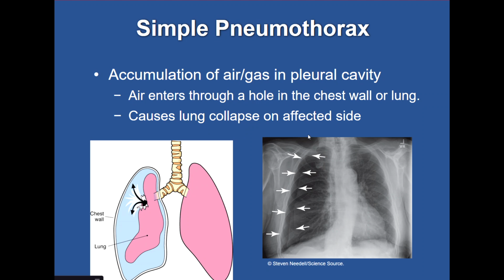But basically what it is with a simple pneumo is you have a breach in the lung, so in the covering that goes around the lung, that visceral pleura has been breached. It allows air to escape in that pleural space between the parietal pleura on the outside of that cavity and the lung itself, and the air ends up filling this space.